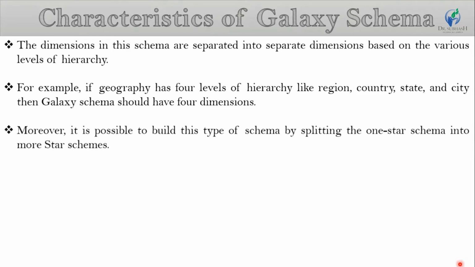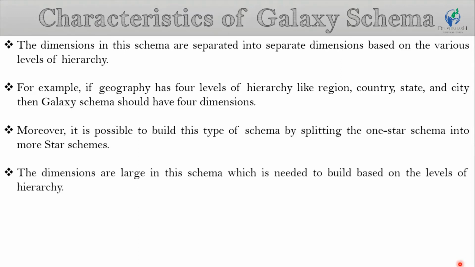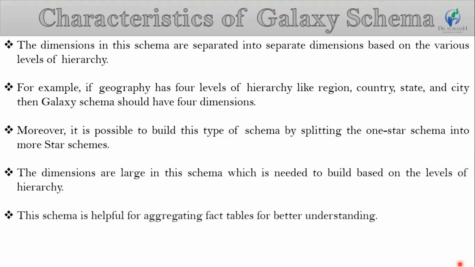Moreover, it is possible to build these types of schema by splitting one star schema into more star schemas. Next, the dimensions are large in this schema, which need to be built based on the level of hierarchy. Next, this schema is helpful for aggregating fact tables for better understanding.